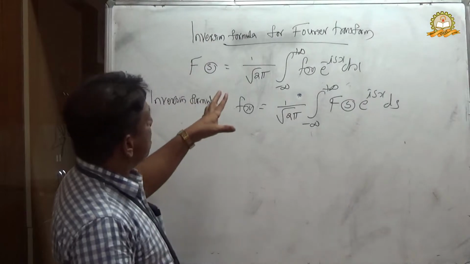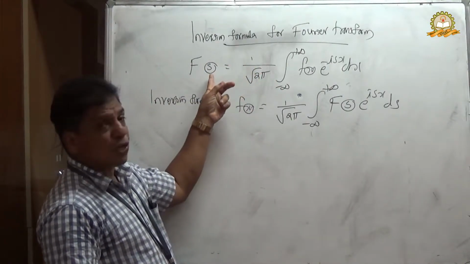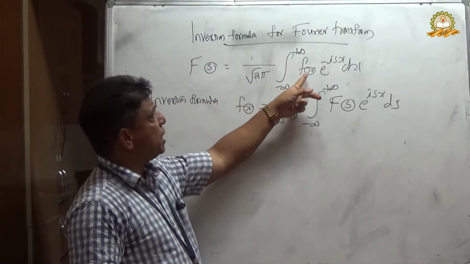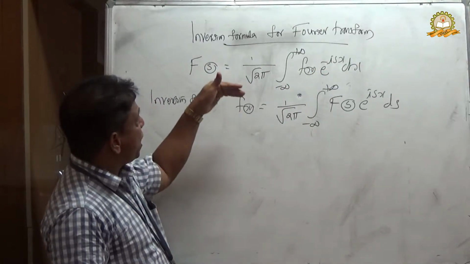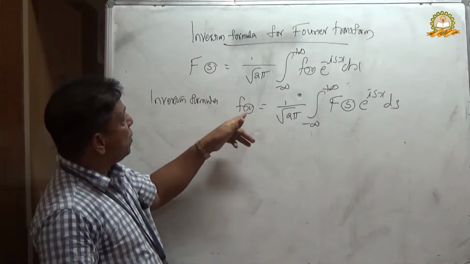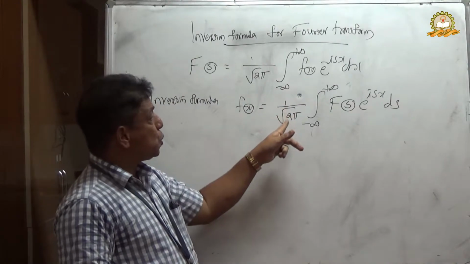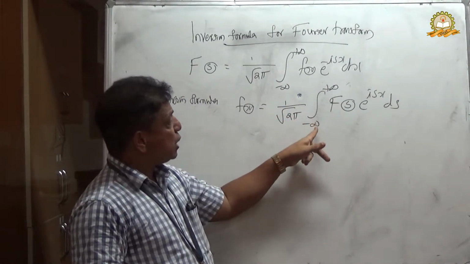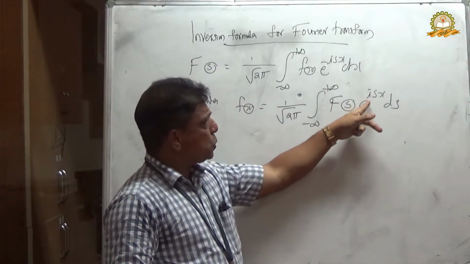About the formula, we discuss the formula. Fourier transform is represented as f of s equals 1 by root of 2 pi integral minus infinity to infinity f of x e raised to minus isx dx. After finding the Fourier transform, we can evaluate the function f of x by using the formula 1 by root of 2 pi integral minus infinity to plus infinity f of s into e raised to isx ds.